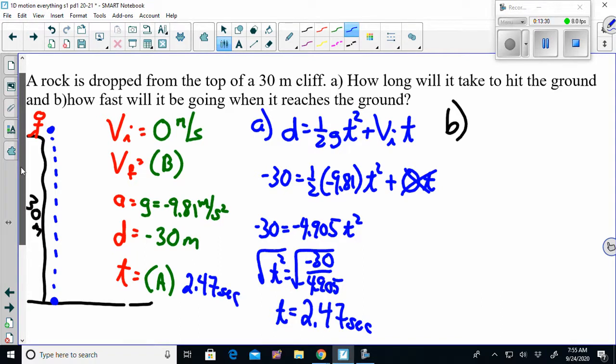If you made a mistake in finding the 2.47 and then use that number to calculate the final velocity, you're going to get the wrong final velocity. So while sometimes you have to, I prefer not to use a calculated value if I don't have to.